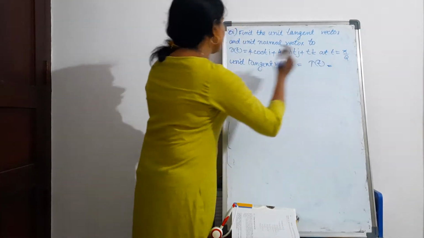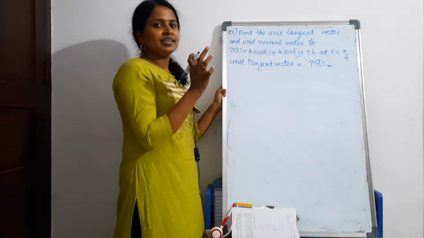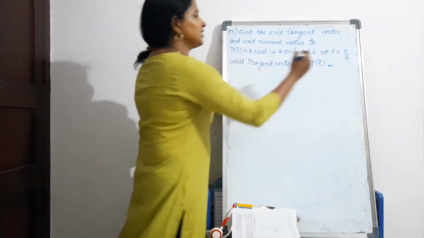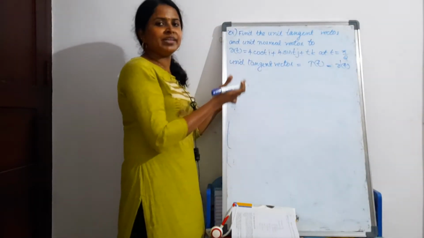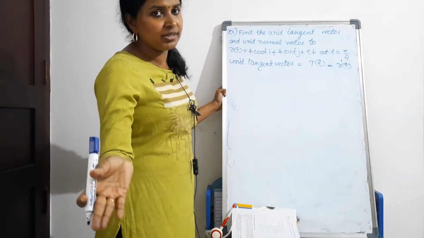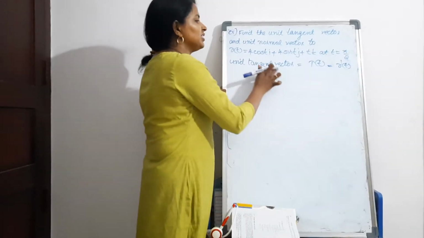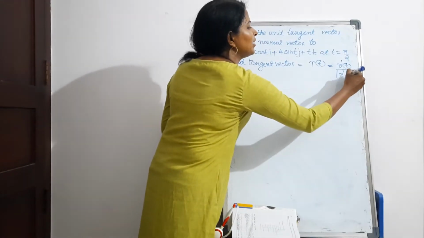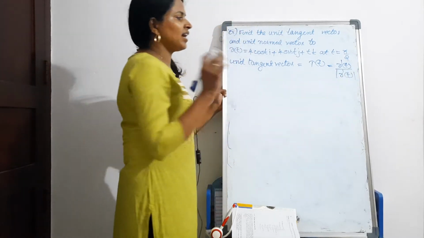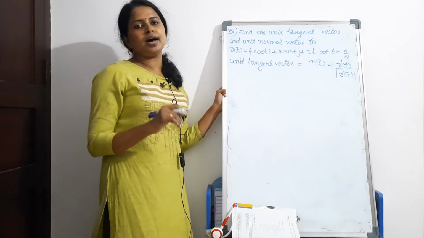What is tangent? Tangent is the derivative, that is r dash t, and unit vector means vector divided by the modulus of the vector. So the unit tangent vector is the tangent vector divided by the modulus of the tangent vector, that is r dash t by mod r dash t.